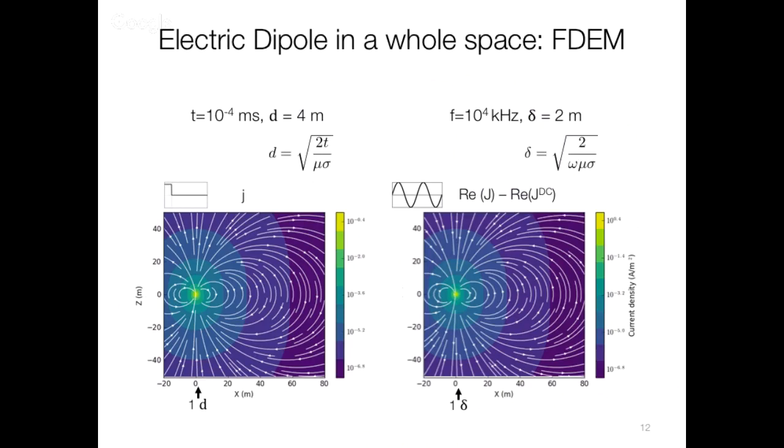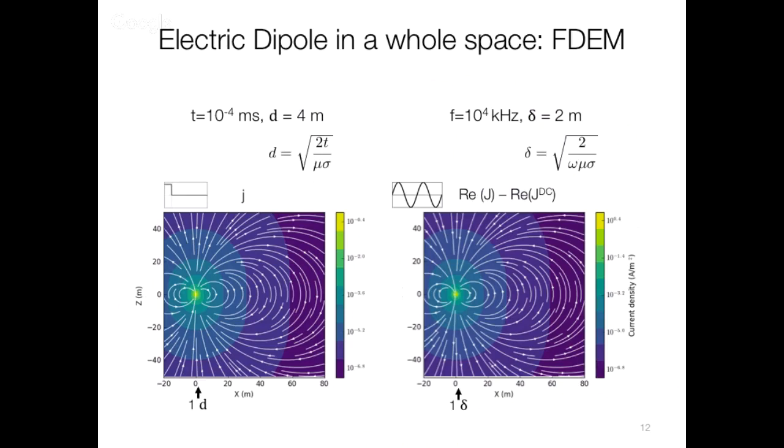If I ask what would happen in frequency, 1 over that gives me a frequency of 10,000 kilohertz.